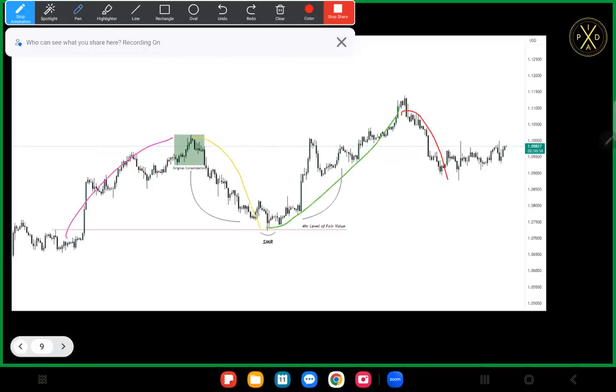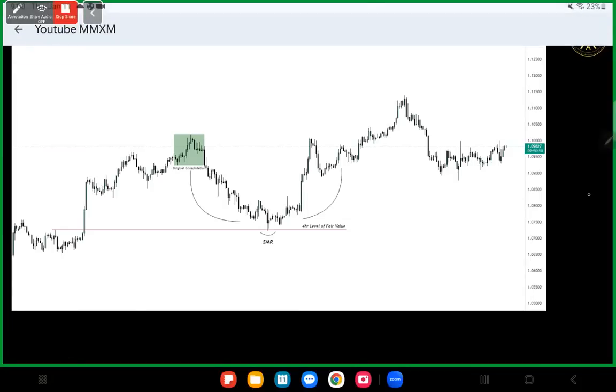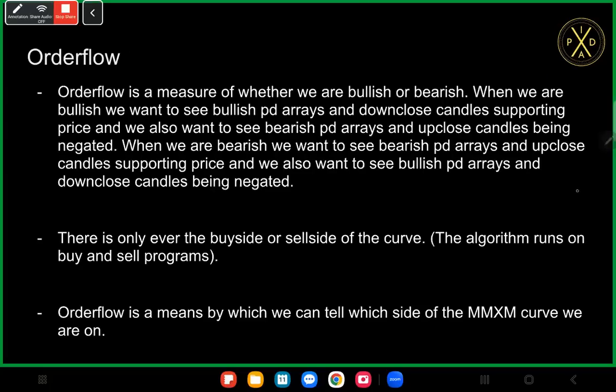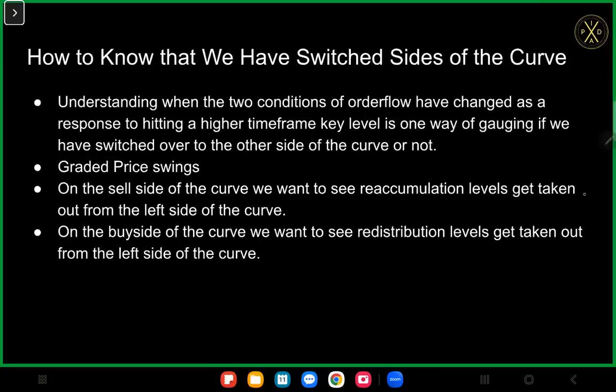So either bullish order flow or bearish order flow, right? That's literally all you're seeing because the algorithm is always running on buy and sell programs. All right, so I just wanted to go back to that example to show you guys what I meant when I said that. So let's move on to the next slide.